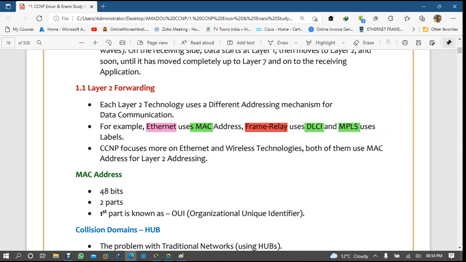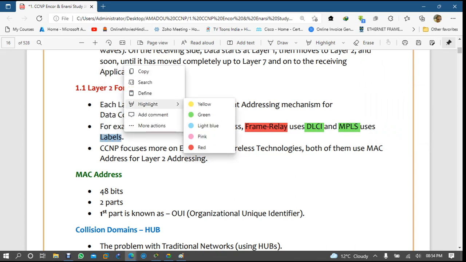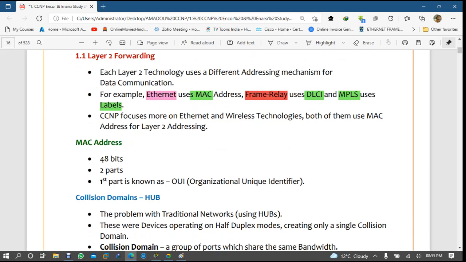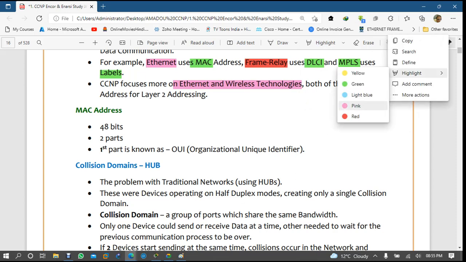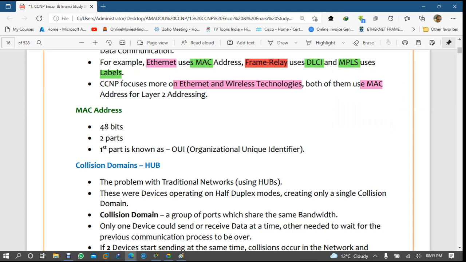MPLS works on the basis of labels. In this entire CCNP course, we will be working on Ethernet and wireless technology, and both use MAC addresses.